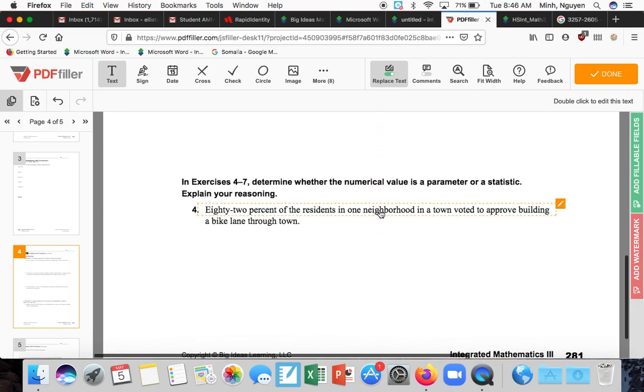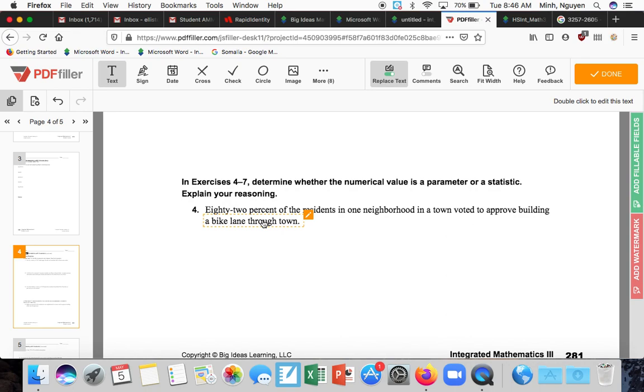82% of the residents in one neighborhood in a town voted to approve building a bike lane through town. Okay, so let's read this carefully. 82%, so it's a pretty big majority of the residents in one neighborhood in a town voted to approve building a bike lane through town. So we've only asked people in one neighborhood to make a decision for the whole town.